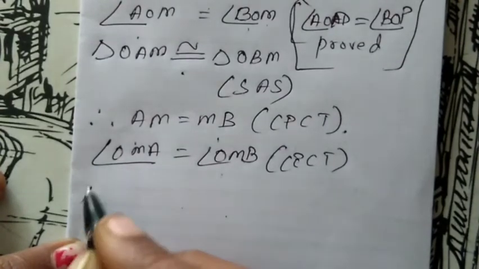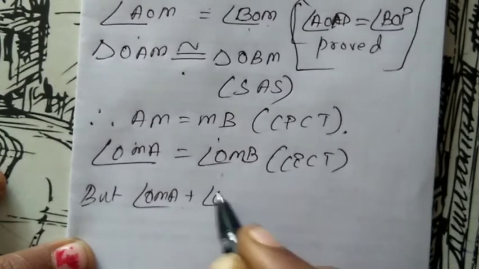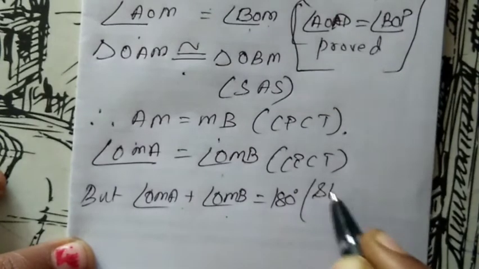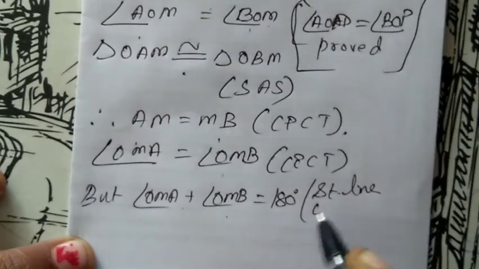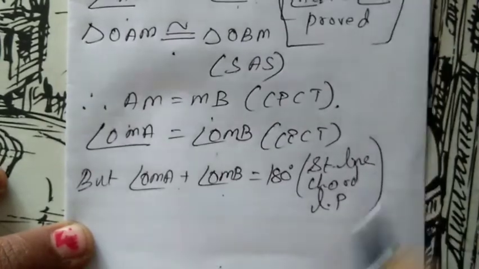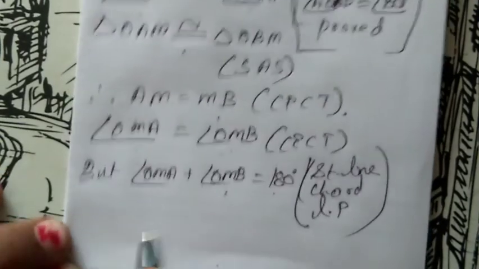But we know from the diagram, angle OMA plus angle OMB is 180 degree because it is a straight line, a linear pair. Now these two sum up to 180 and these two are also equal.